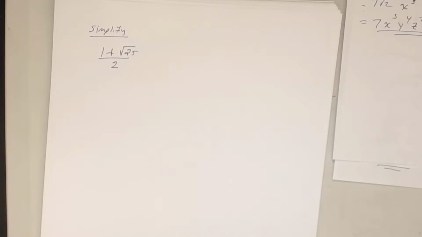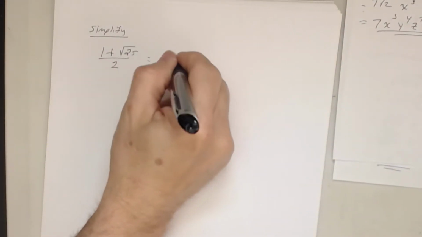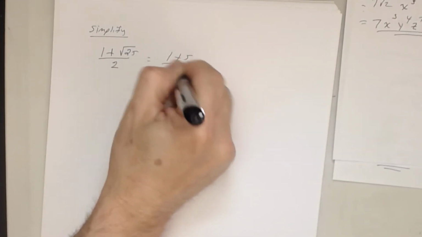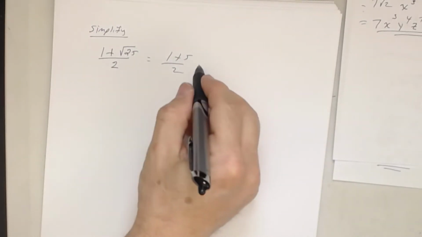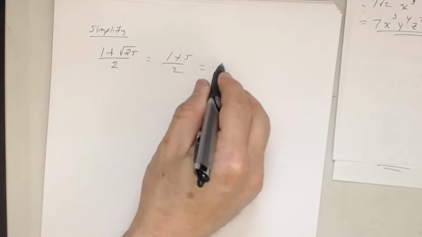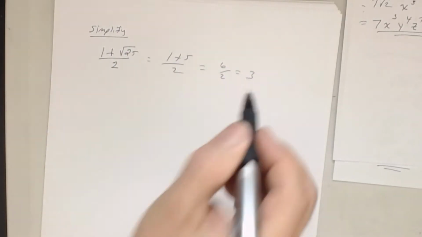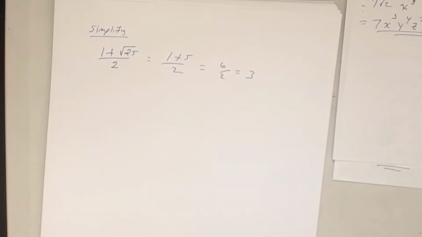What's the square root of 25? 5. So you can simplify the square root of 25, right? So that becomes 1 plus 5 divided by 2. And using the order of operations, I do the numerator first. What's 1 plus 5? 6. 6 divided by 2 is 3. Okay? No big deal.